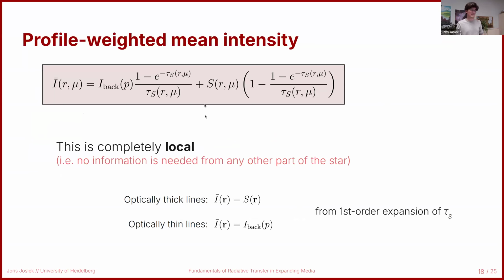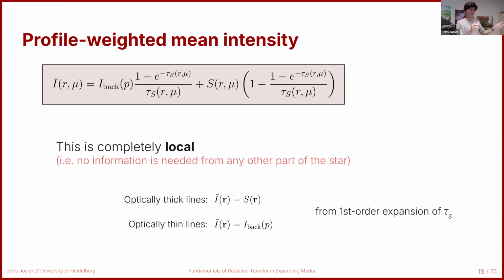So what have we achieved here? Well, this is still completely local, so it requires no integration for calculating it. But importantly, it does no longer require knowing where the resonance zone is. Because if we look at a specific point in the star, and you want to know what photons are being absorbed at that point, you don't care about photons who already interacted in other places in the star, whose resonance zone is far away.